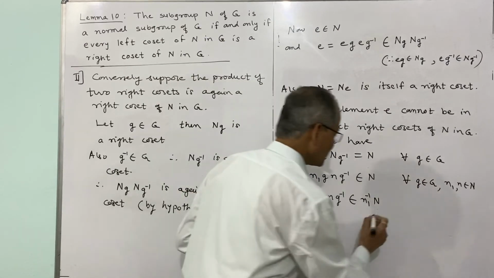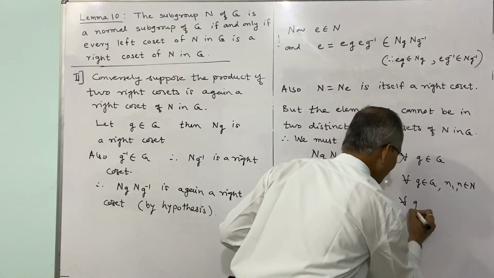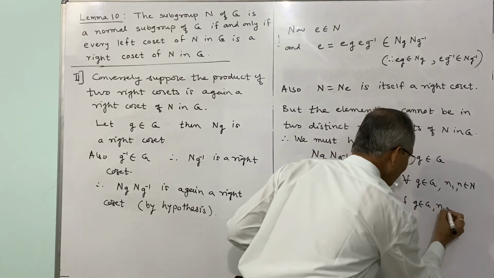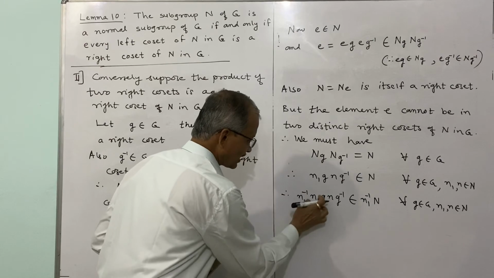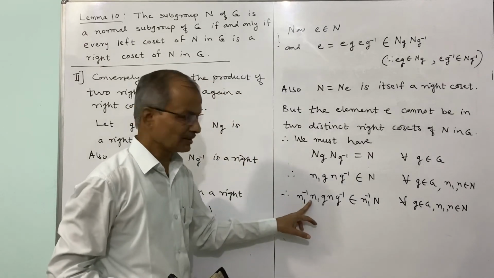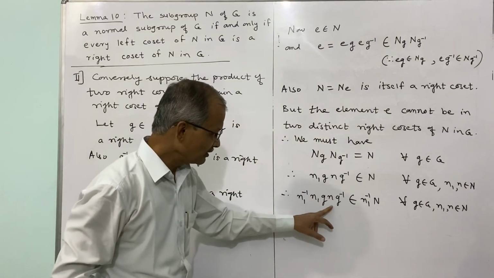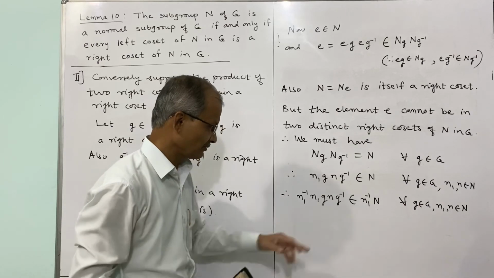This is true for the same g belongs to G, n1, n belongs to N. But you see, n1 inverse into n1 is the identity, and thus only g n g inverse remains.